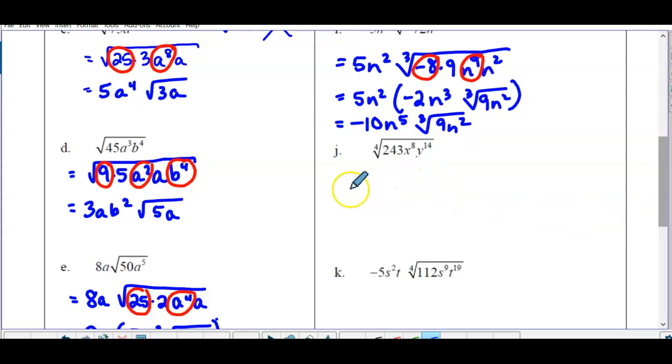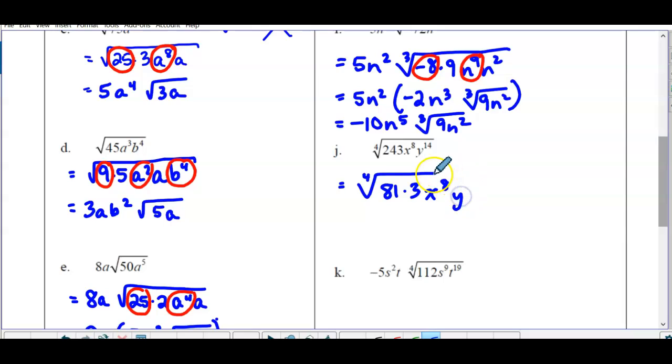Then next one here is fourth roots. So fourth root of 243. So 243 is 81 times 3. X to the 8 is a fourth power.